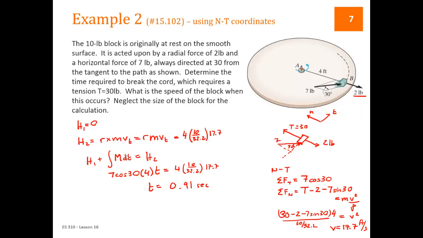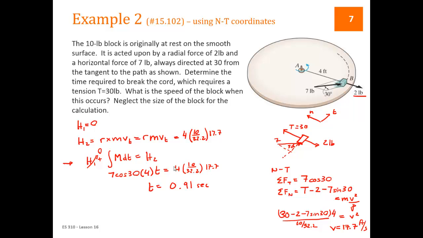So, quick review. We have the impulse momentum equation. We know our initial momentum is 0 because it's not moving. We have information about our final momentum based on sum of forces in the normal tangential. And so we can find the speed for our second momentum.